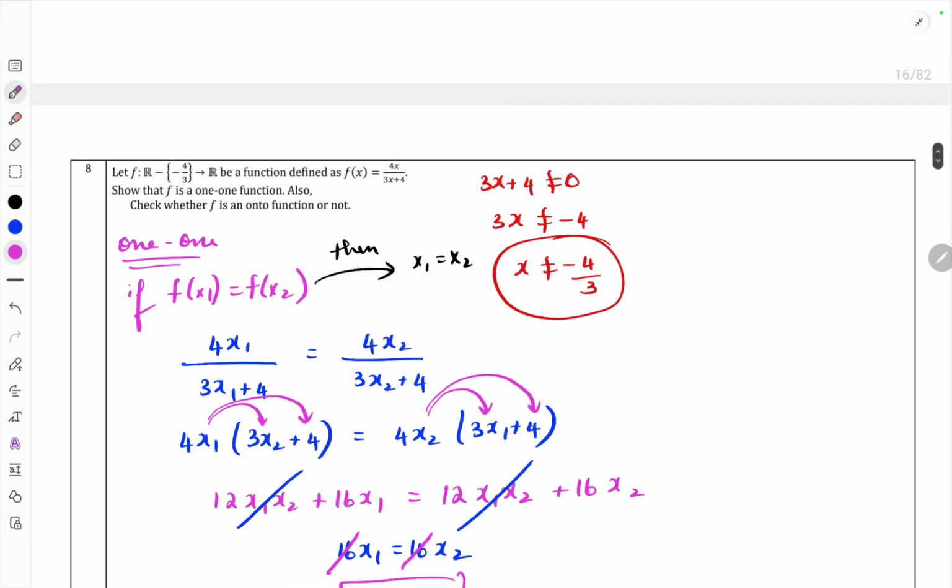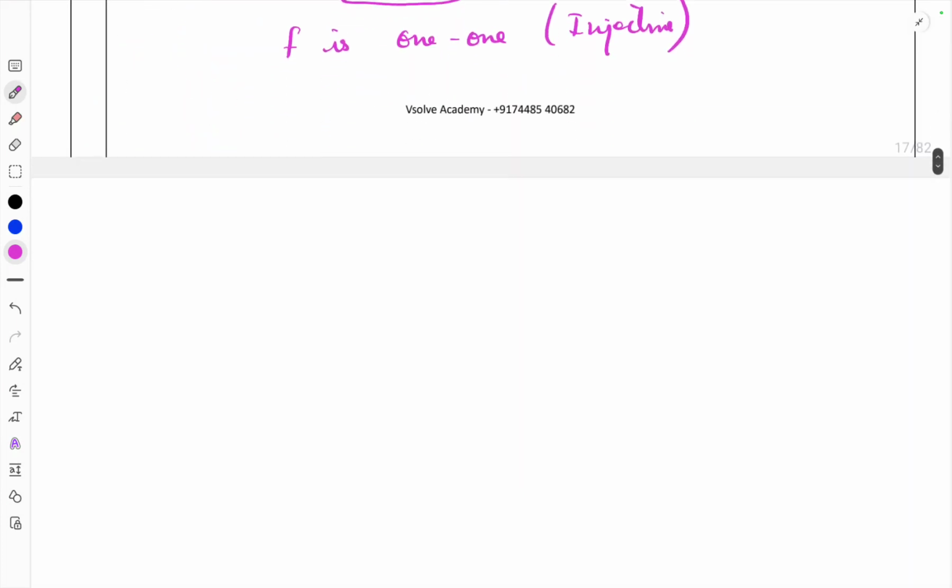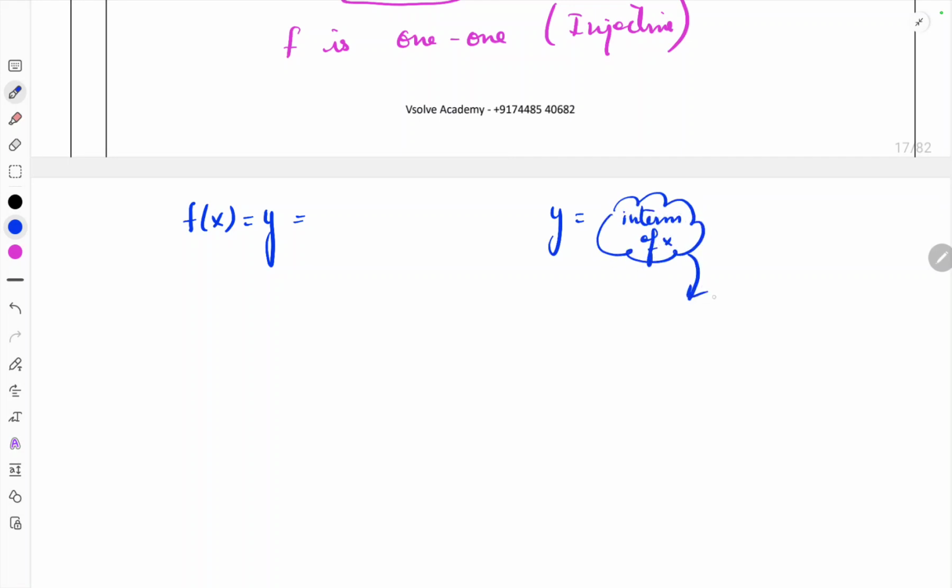So next thing we have to check here is whether f is onto or not. So onto means f of x equal to y should be there. So we have to write x in terms of y.